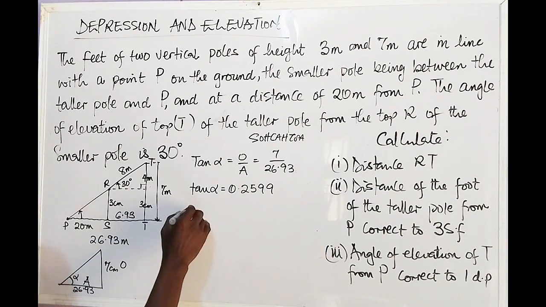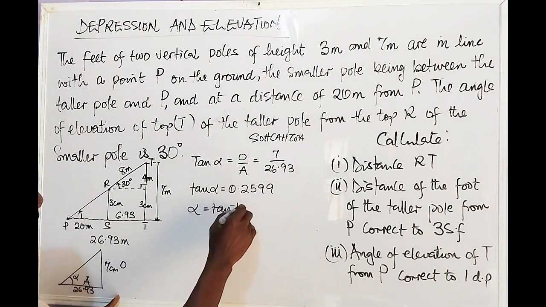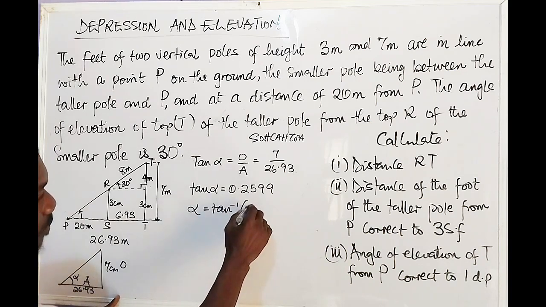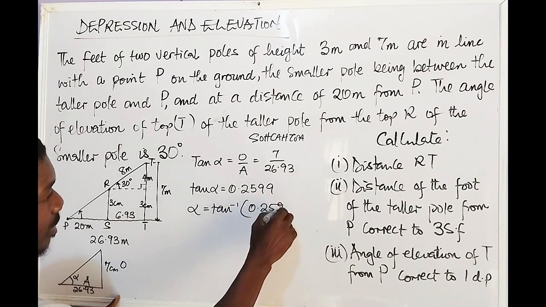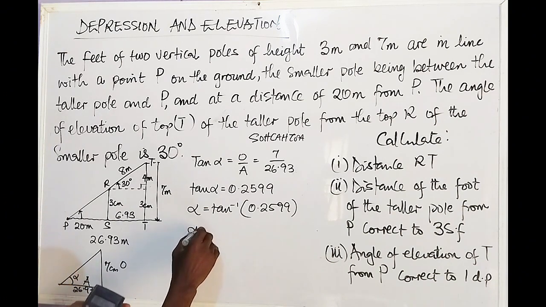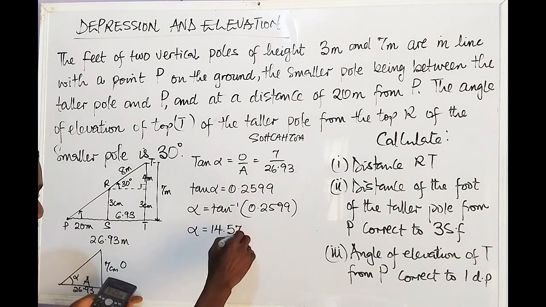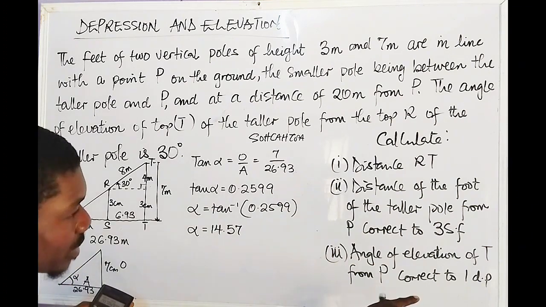So the next one is what? That alpha will now become the inverse of tan of 0.2599. So there we have it, that alpha will give us what? 14.57. Okay, to 1 decimal place.